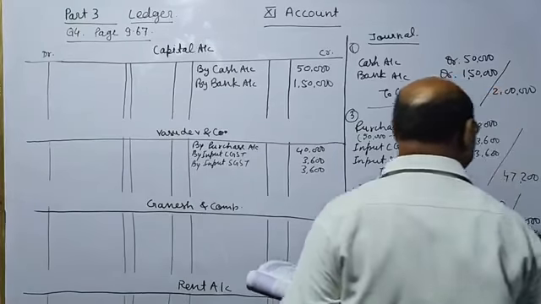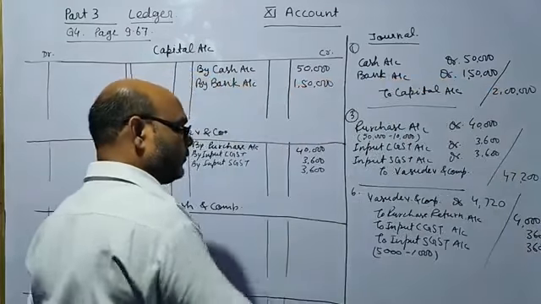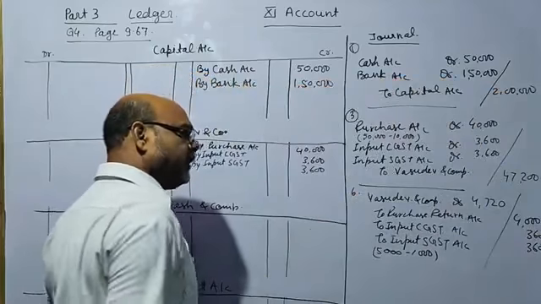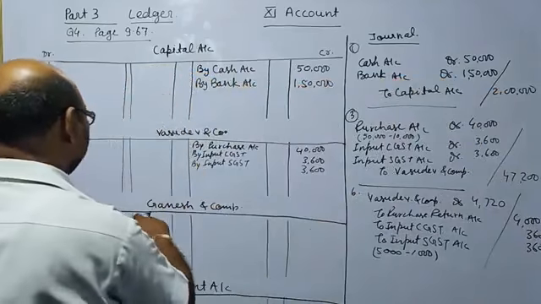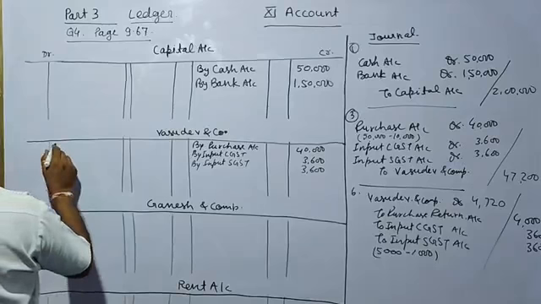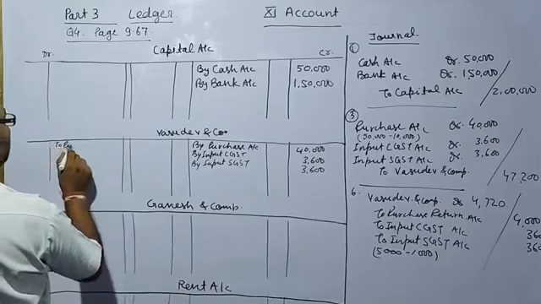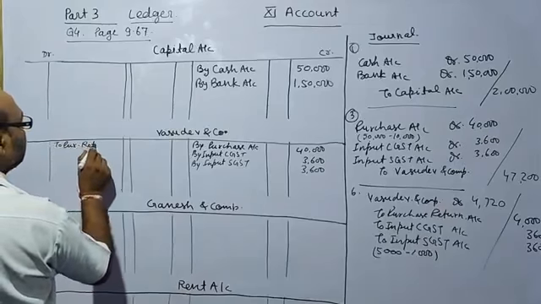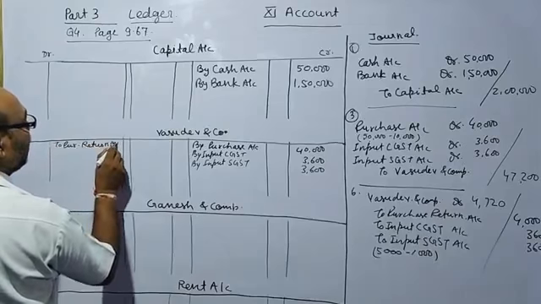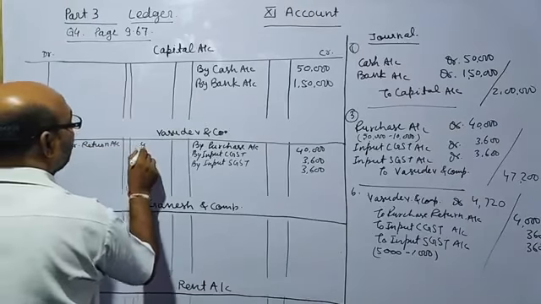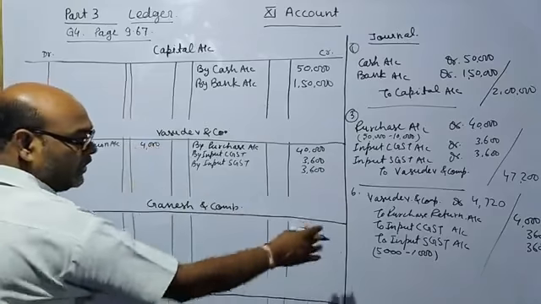So total 4,720. Vasudev Company is here debit. So Vasudev Company debit side you will write to purchase return account 4,000. Here there are 3 credit terms.